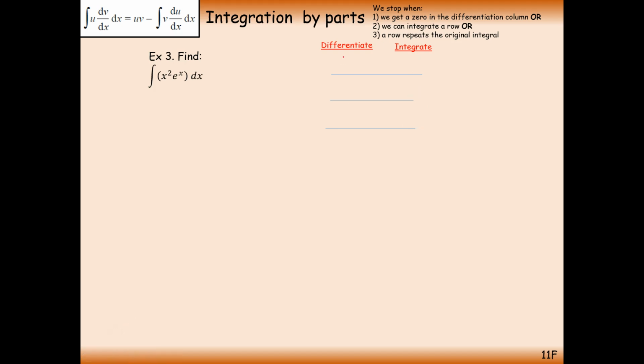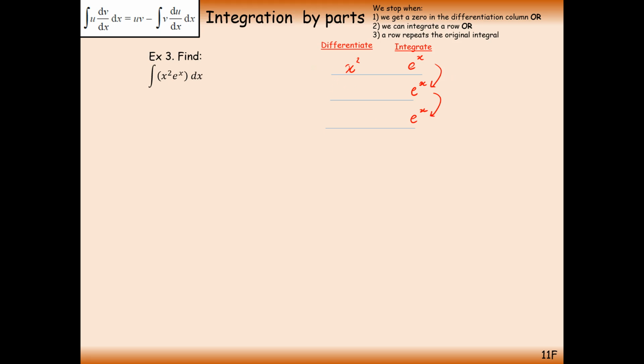We are going to put the x squared under the differentiation column and put e to the power x here. E to the power of x is going to integrate indefinitely as it is. Each step is a different integration.